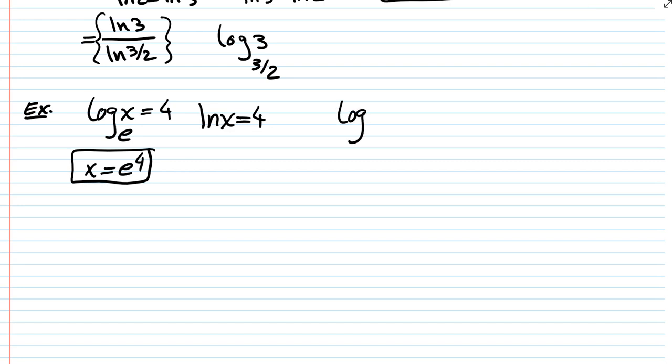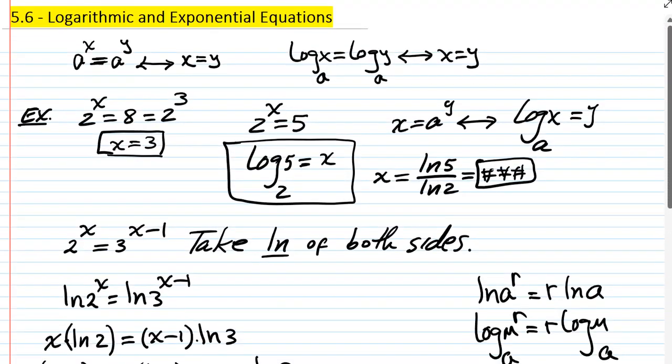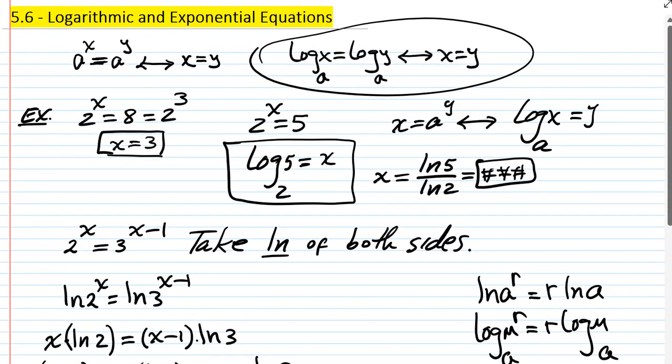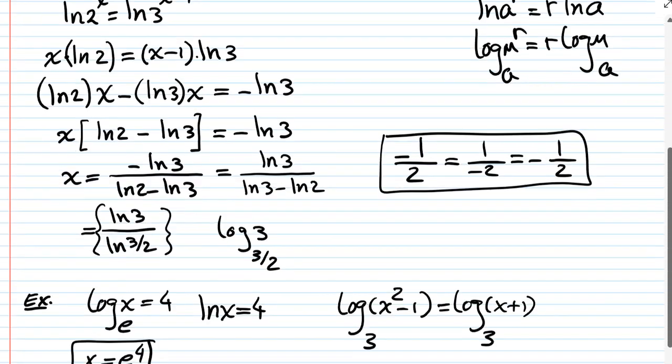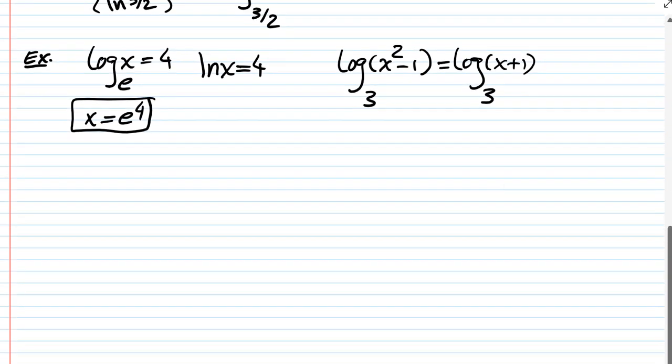So that's one type of logarithmic equation where you have a single log and a number on the other side. You just rewrite it. What if I have logs on either side? Log base 3 of x squared minus 1 equals log base 3 of x plus 1. Now, going back to the first property we had, I can use the property of logarithms and just simply equate the arguments.